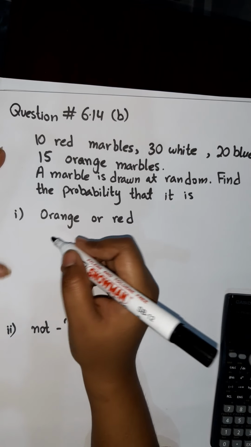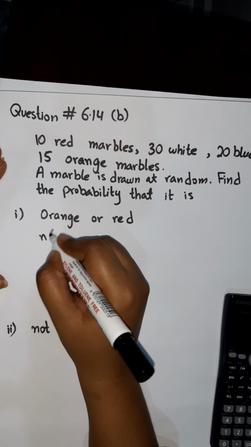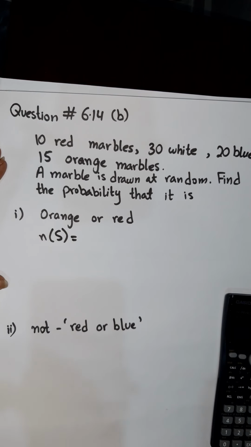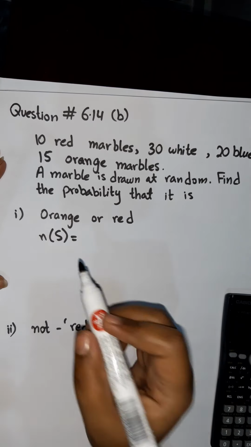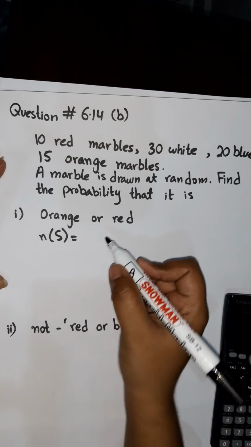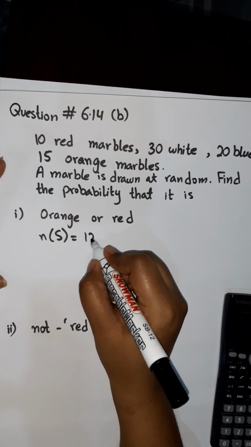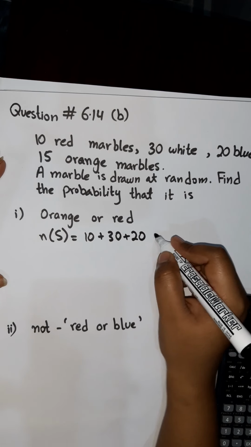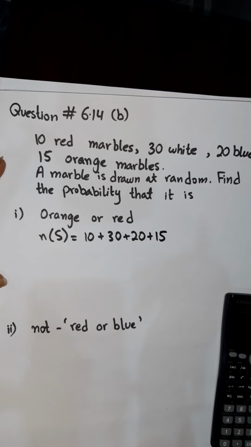Now first of all we have to find the number of the sample space. Here we cannot write the sample space clearly, but in the probability formula we just want the number of the sample space and the number of the favorable event. So here we will first find the number of sample space. How many marbles are there? 10 red plus 30 white plus 20 blue plus 15 orange.